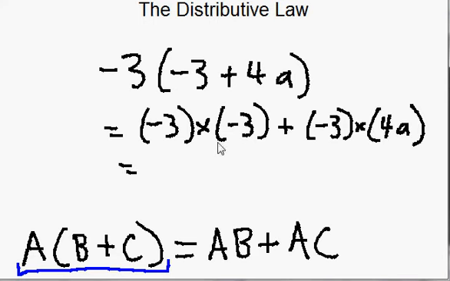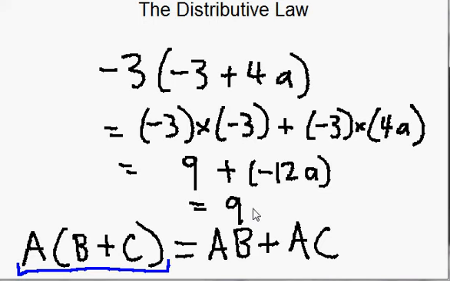So negative 3 times negative 3 is positive 9. Negative times a negative is a positive. Plus negative times a positive is a negative. So that's negative 12a. And I can simplify that to be 9 minus 12a as the final answer.